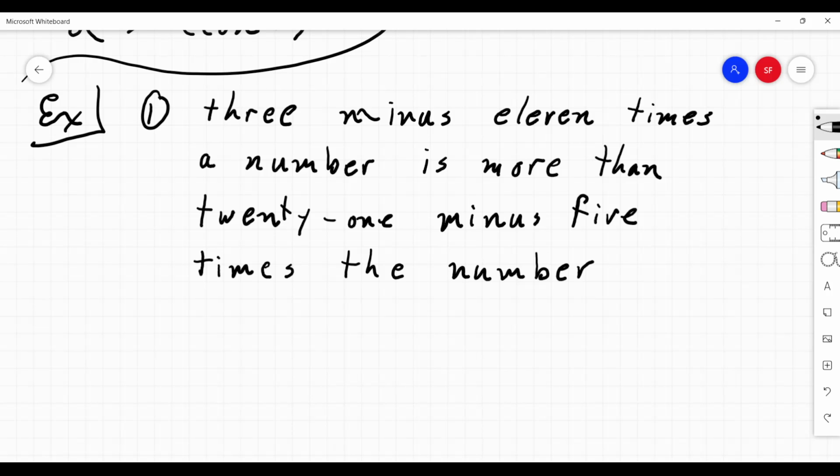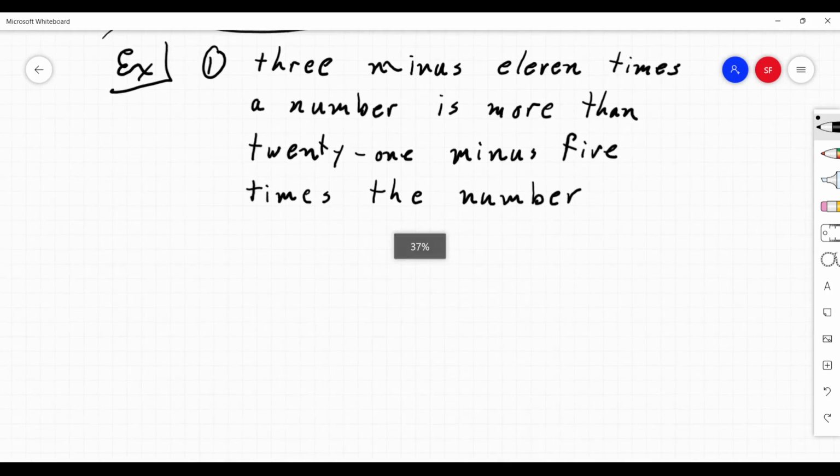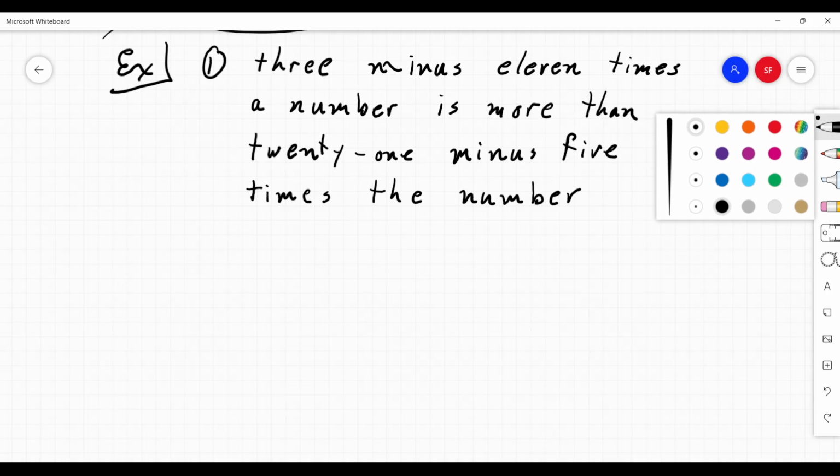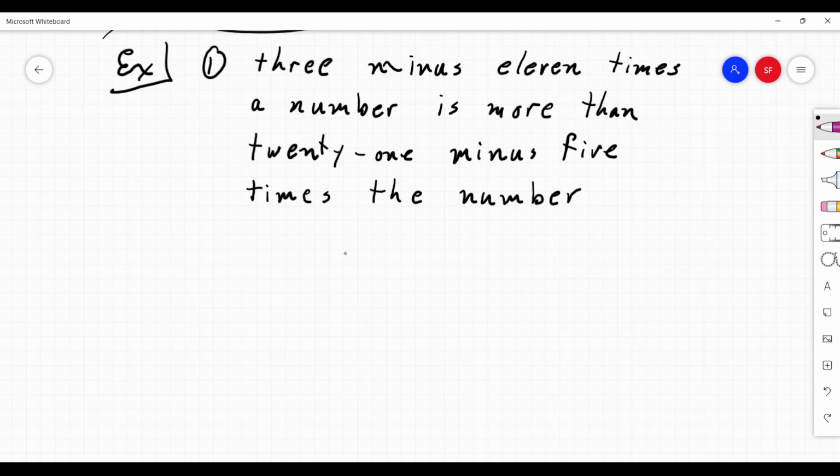3 minus 11n is greater than 21 minus 5n. Sounds perfect.